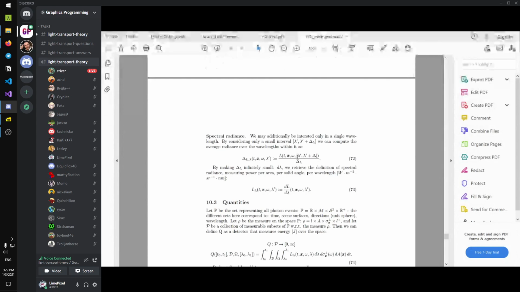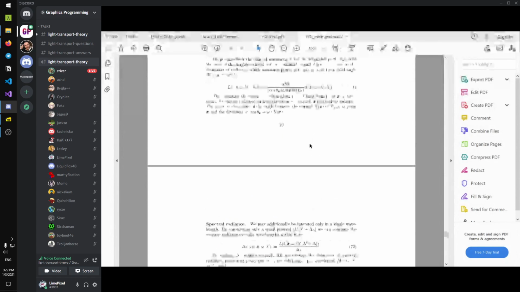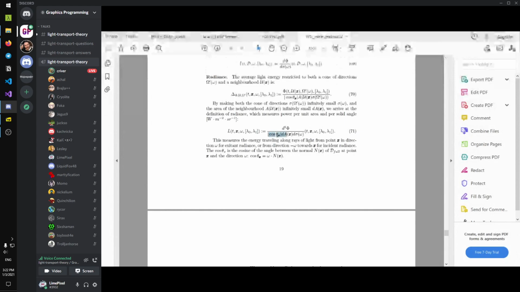Not much different than taking the derivative with respect to time, so it's a 1D quantity, and you get exactly what you want. So how do you compute this cosine here? Well, it's simply the direction that you consider for the radiance dot product with the normal at x at this point that you consider. Is this clear? Any questions? Because this pretty much covers what you have in the book for the first few pages.